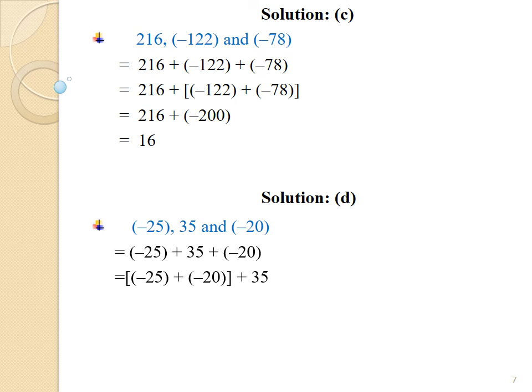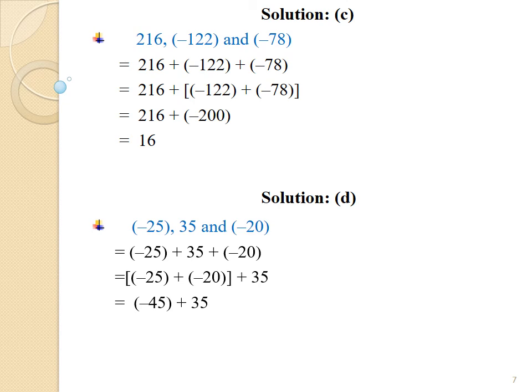Now, adding 25 and 20 as both the integers have minus sign and keeping positive integer 35 as it is, we get -45 plus 35.